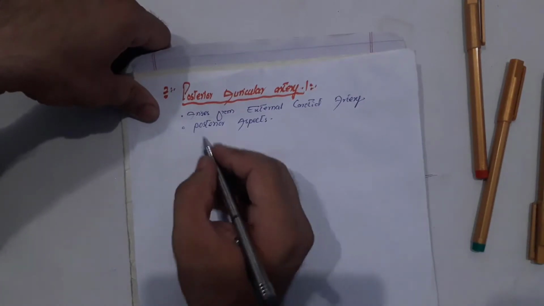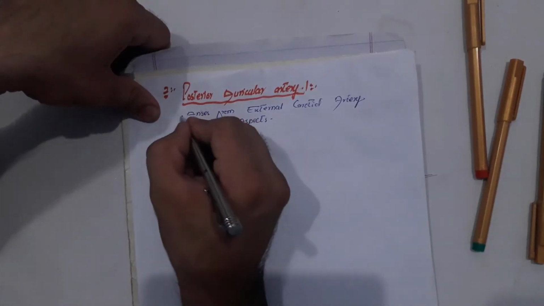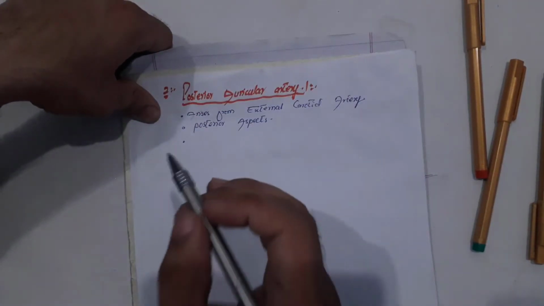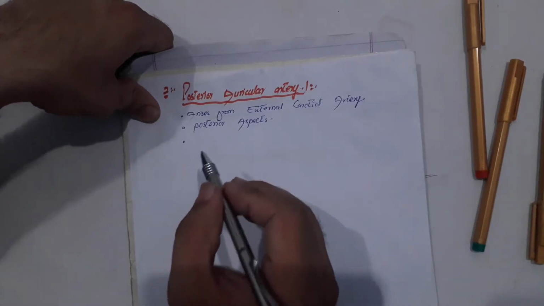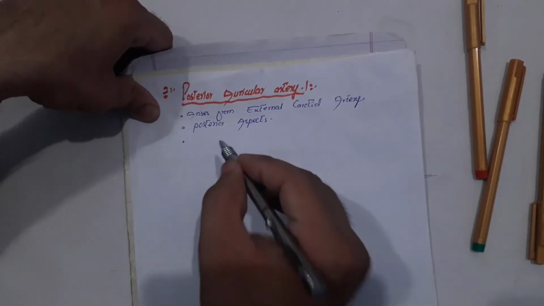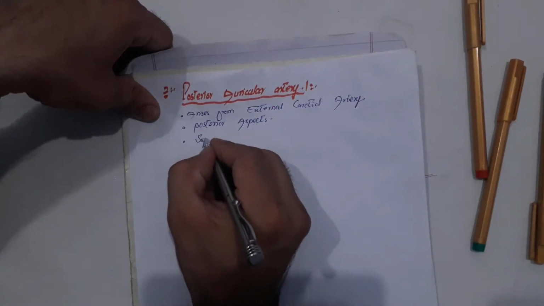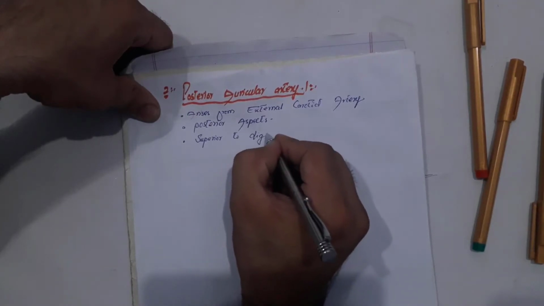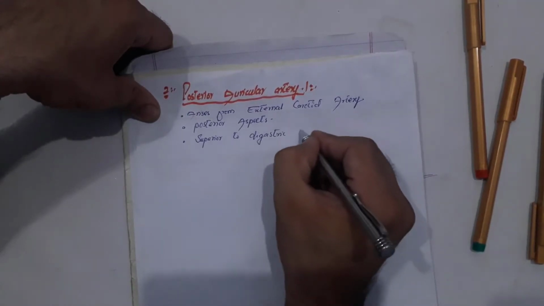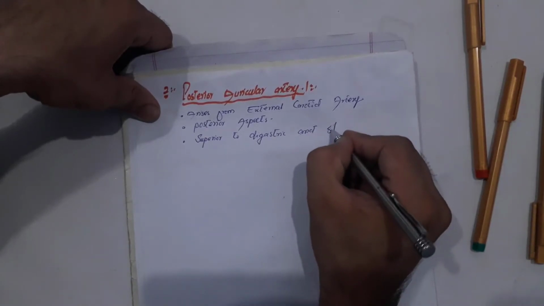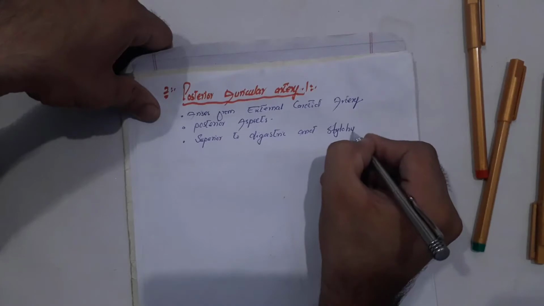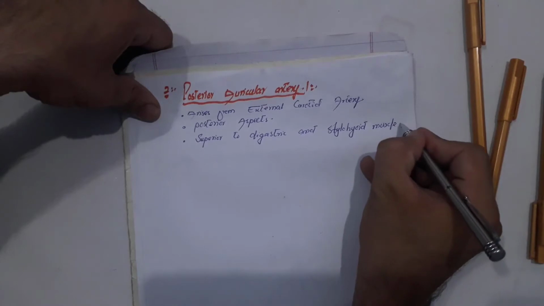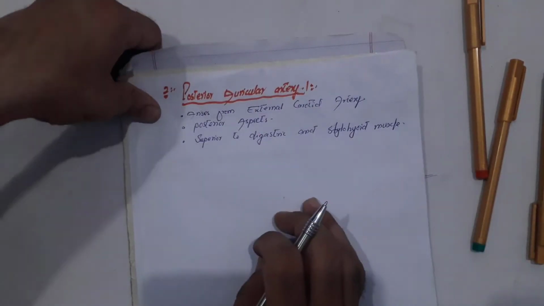And in which area of the neck is this artery present? This artery arises superior to the digastric and stylohyoid muscle, right? This is the location and this is the origin of this artery.